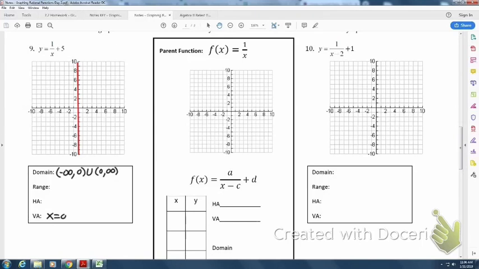What's the D value? So which direction is that going to go? Up 5. So y = 5. Remember the C value moves the vertical left and right. The D value is going to move the horizontal up and down. Once I have the horizontal, I can also write my range.